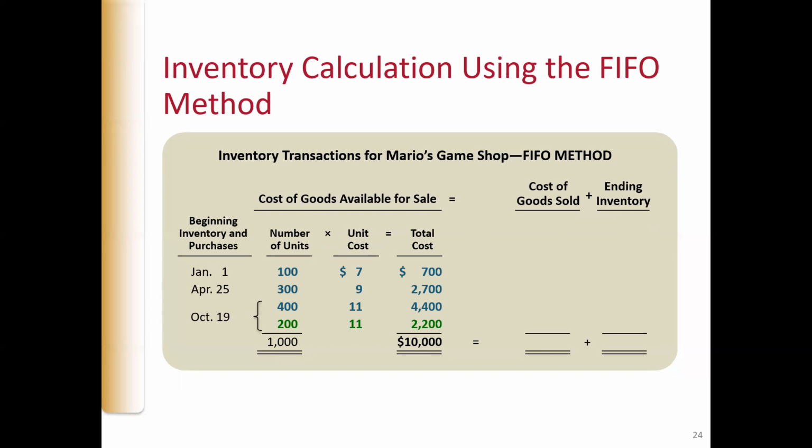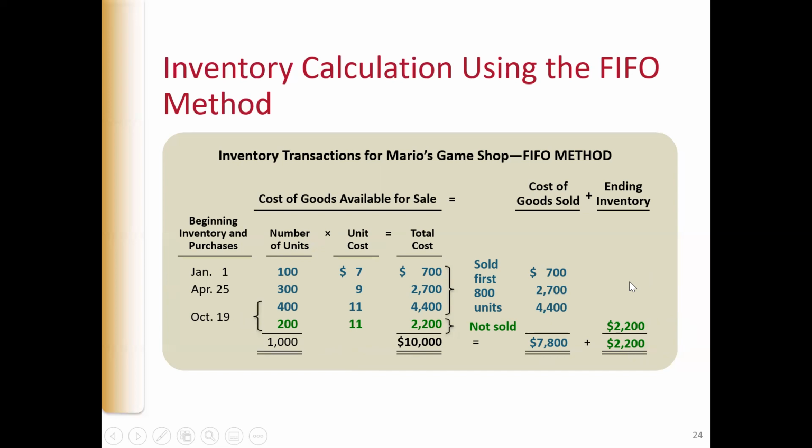If in fact we sold 800 units, wouldn't we sell 100 units at $7, 300 units at $9, and then 400 units at $11? The first ones in are the first ones we're selling, which means the ending inventory are going to be the very last units because they're still sitting in inventory.